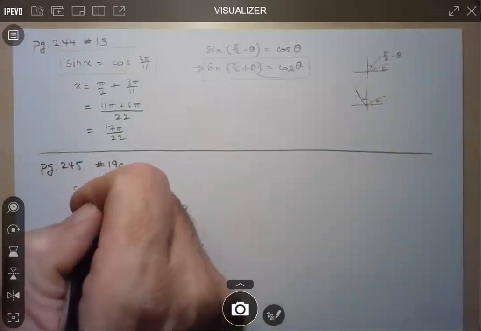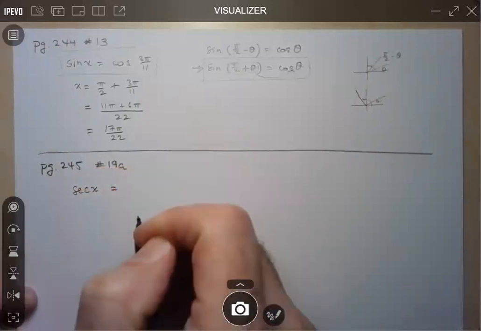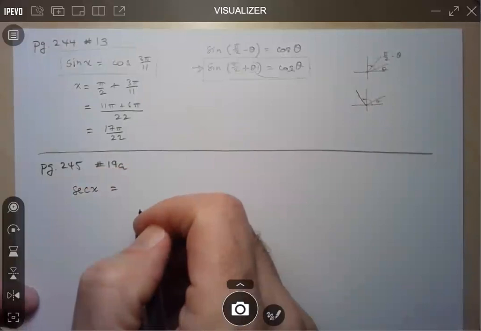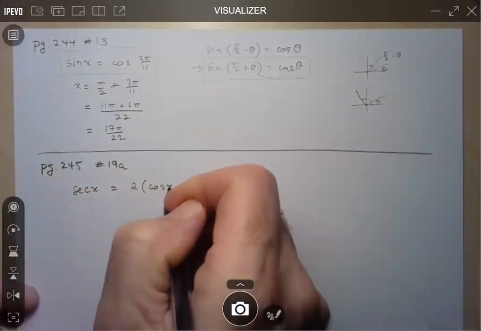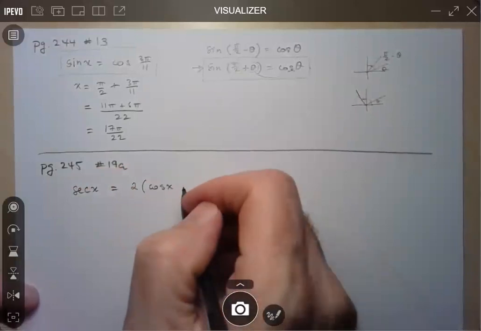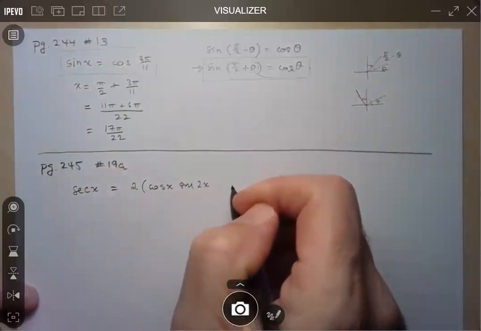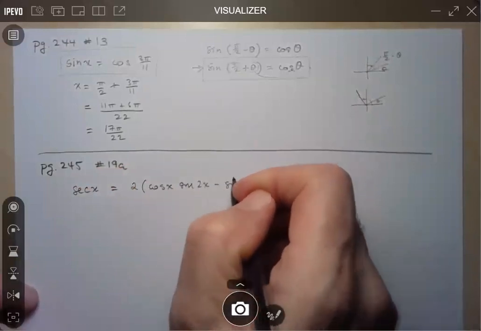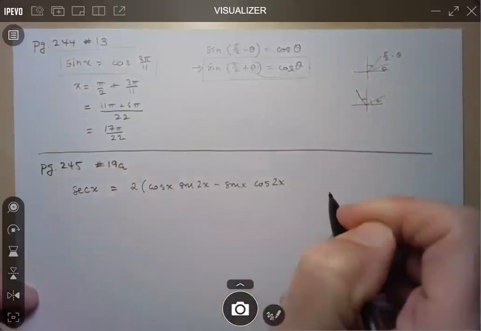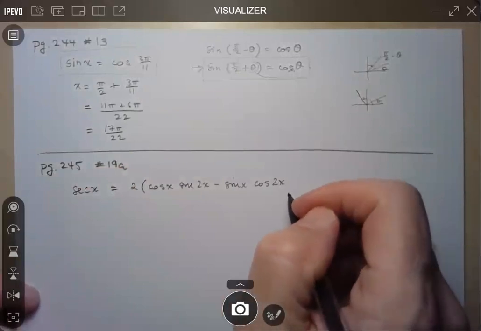Here it's saying that secant of x, we want to show that that's equal to something significantly more complex. So 2 times cos x sine 2x minus sine x cos 2x all over sine 2x.